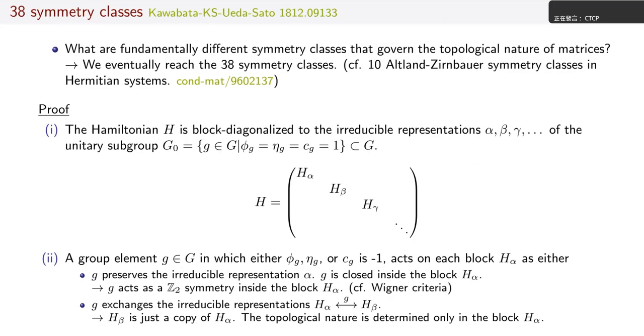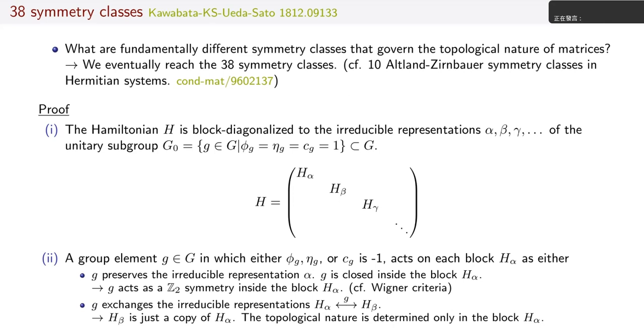So that means on top of an irreducible block, the other symmetry, which is not unitary, behaves as a Z2 symmetry. This is mathematically justified by what is called Wigner's criterion.